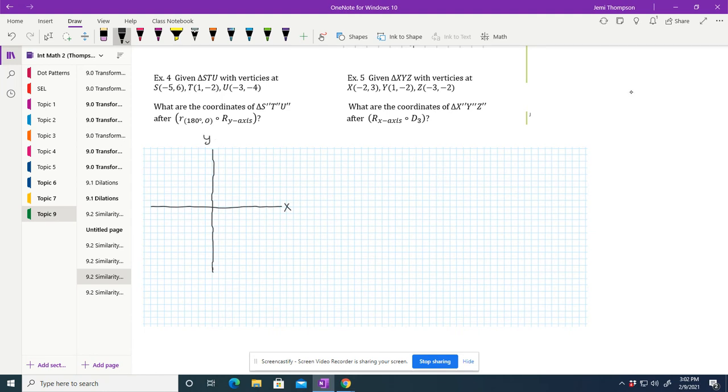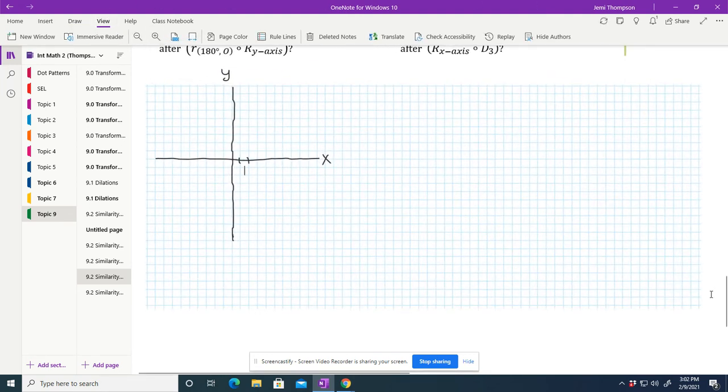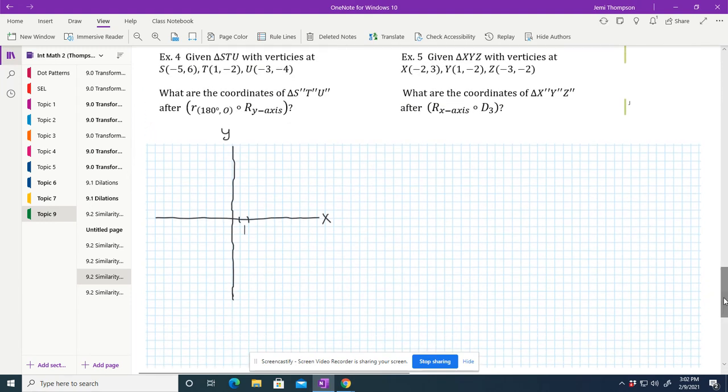I have to label these axes. So it is imperative that you label a scale on the x-axis and the y-axis. I'm going to zoom in a little bit here to make this a little easier on our eyes. I know that this grid is kind of light and small. So let's see, 1, 2, 3, 4.